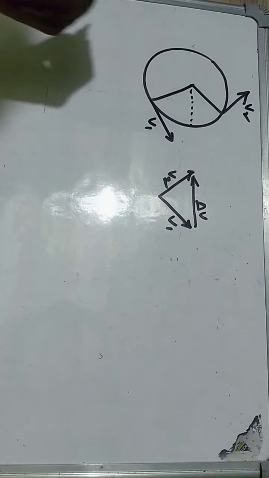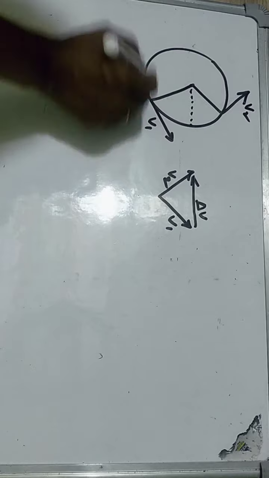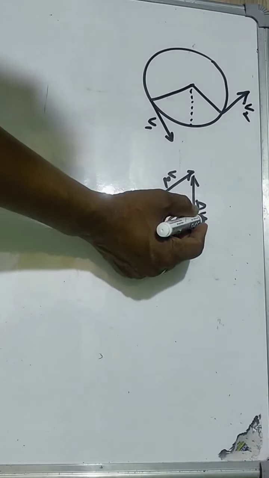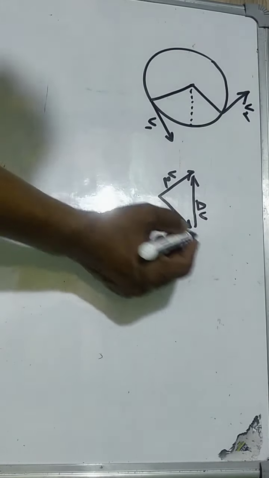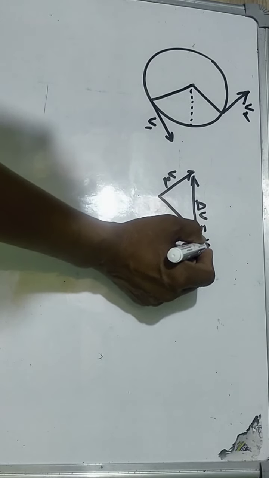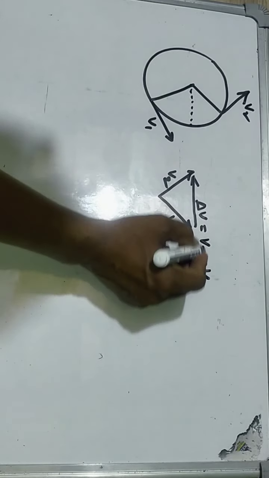Summarizing this, now we find delta v, which is equal to v2 minus v1.